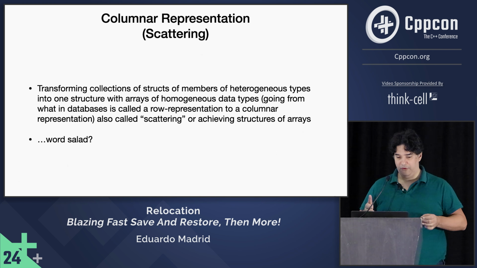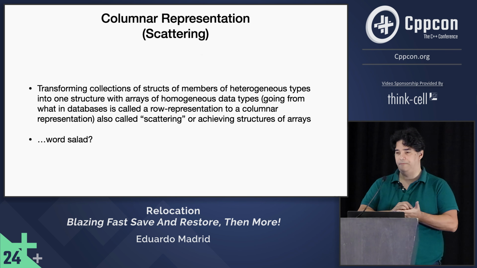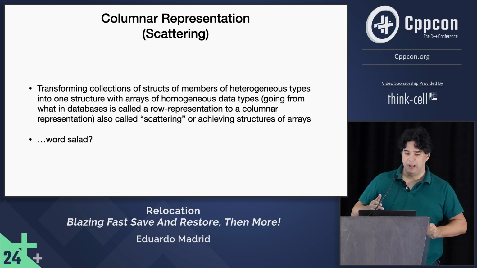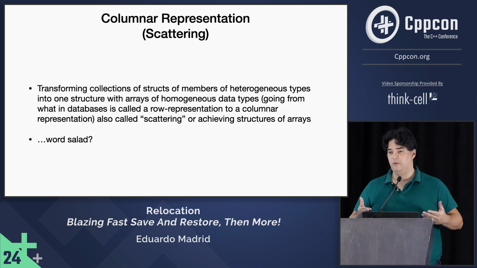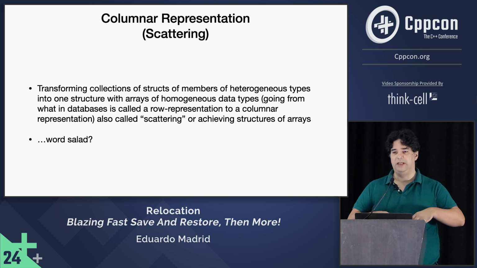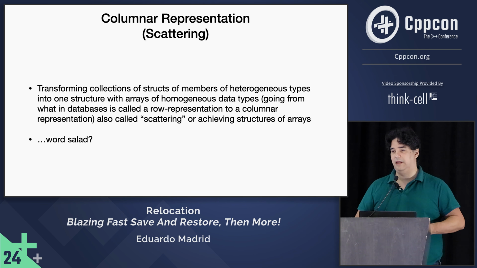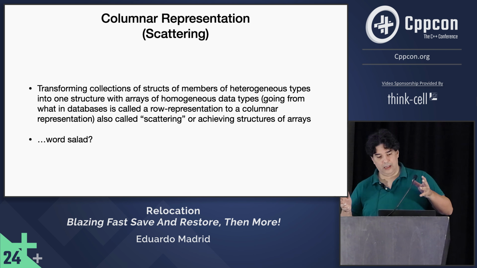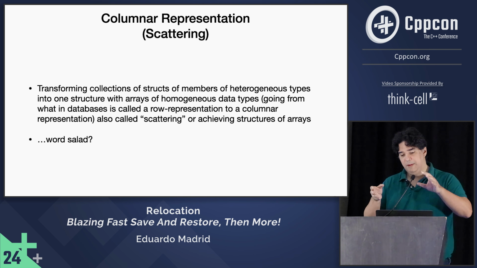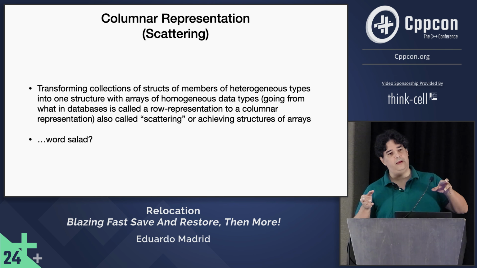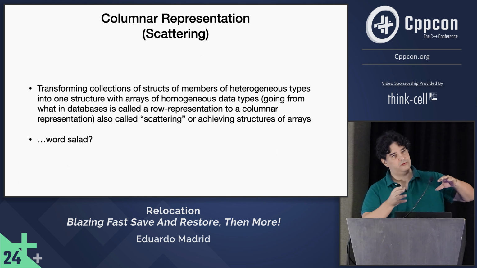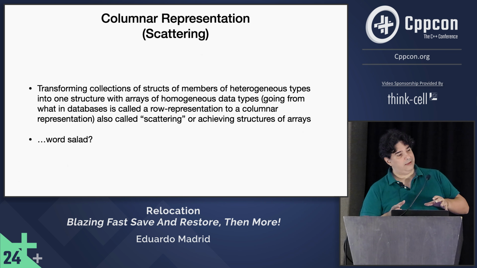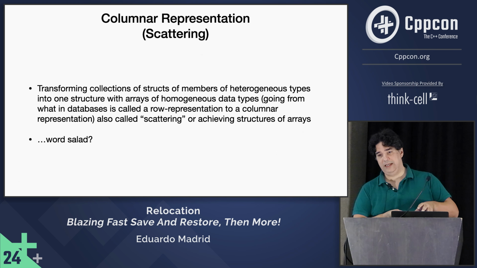And if you have collections of objects of a particular data type, it doesn't matter whether they are a container that is a hash map or an array or some other data structure. Because the members of those collections, the members of the type of those collections are of heterogeneous data types. They have different data types.